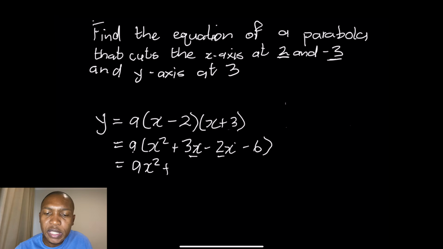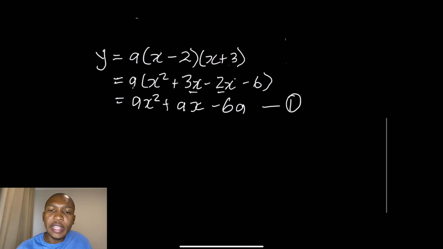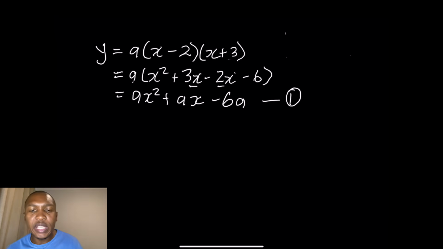So that's plus ax, minus 6a. All right, and please remember all of this is equal to 0. So in this case, I can actually make this my first equation. And then now the question is, how do I solve for the value of a?